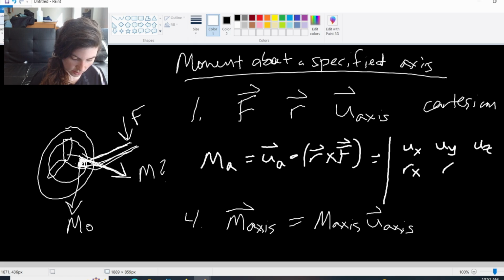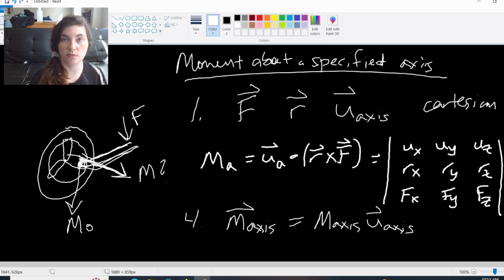And then you have the position components and the force components. So this is just our cross product equation, but instead of i, j, k, we can put in the components of the unit vector to skip that step, to make this all one combined thing. This is a dot, sorry.